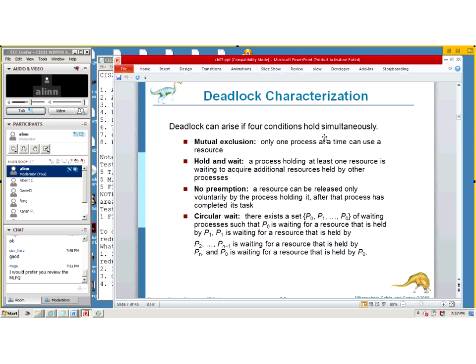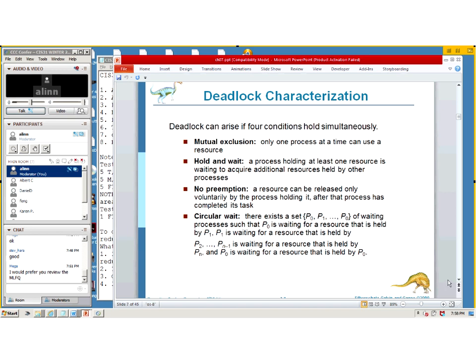Process A is holding a resource needed by process B. Process B is holding a resource needed by process C. Process C is holding a resource needed by process A. It's a circular wait list, and that's what this is all about. Those are the 4 conditions. If you don't have one of them, you might be able to prevent deadlocks.